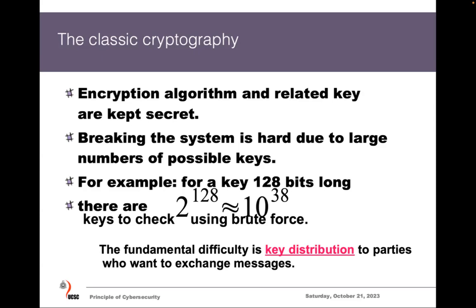We call that the scalability issue. So these symmetric key algorithms are not scalable when we try to implement them on a large scale. There are solutions for that, which we will discuss later on. This is the second issue.